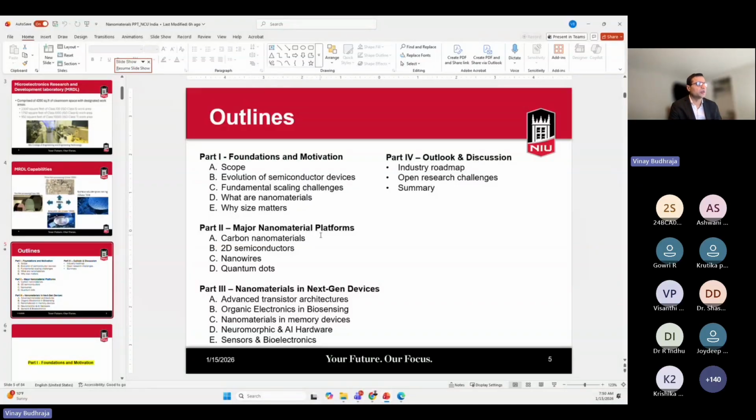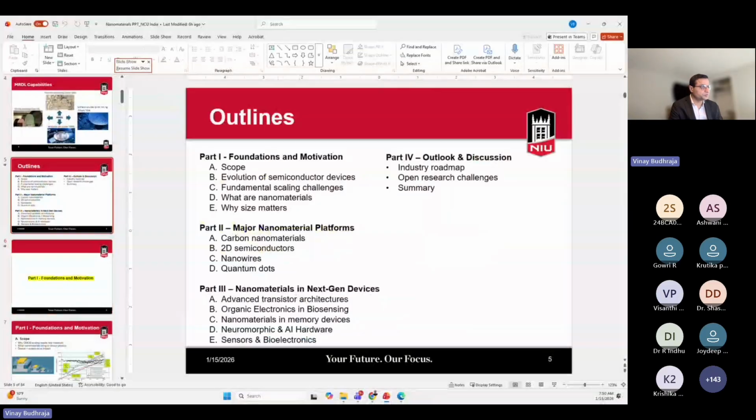Part two has major nanomaterial platforms, which are like carbon nanomaterials, 2D semiconductor, nanowires, quantum dots, and many others. But currently, these four are the major nanomaterial platforms.